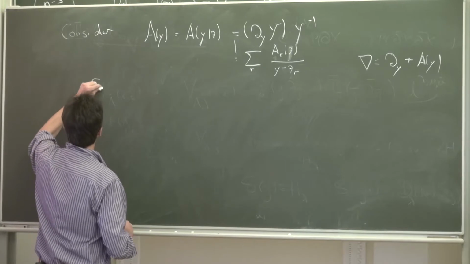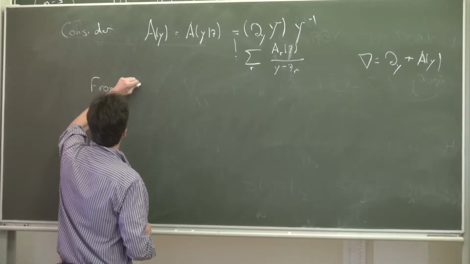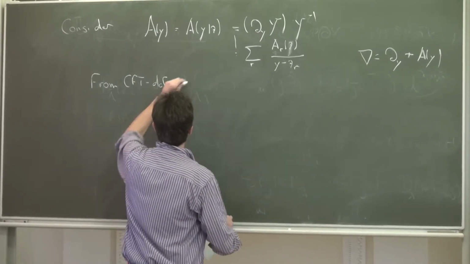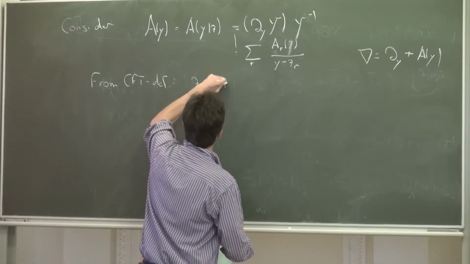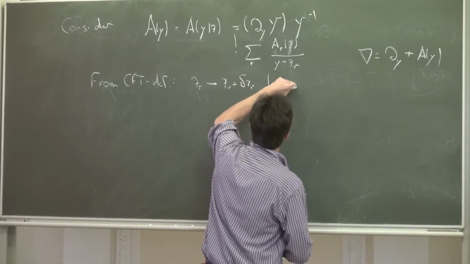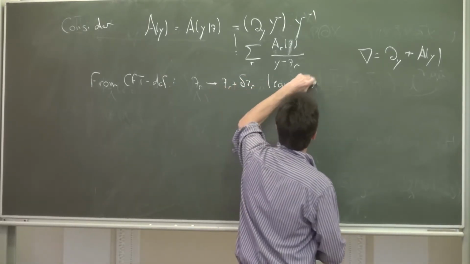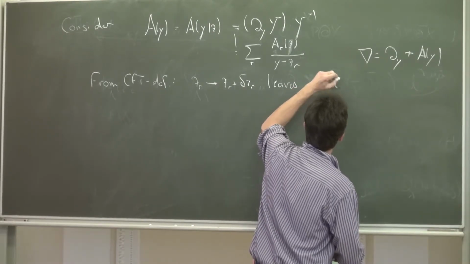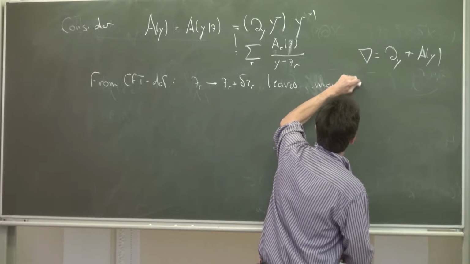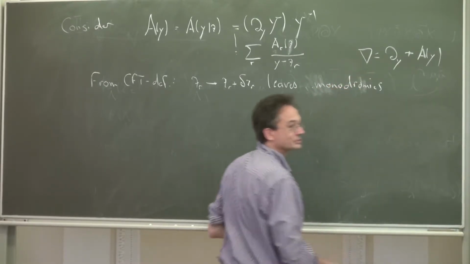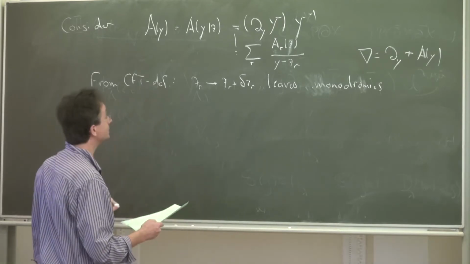So let me write it here. z_r to z_r plus delta z_r leaves monodromies, well, no, it's not yet the M_k's, that's the point. It's really the whole point to understand the relation between this and the monodromies.